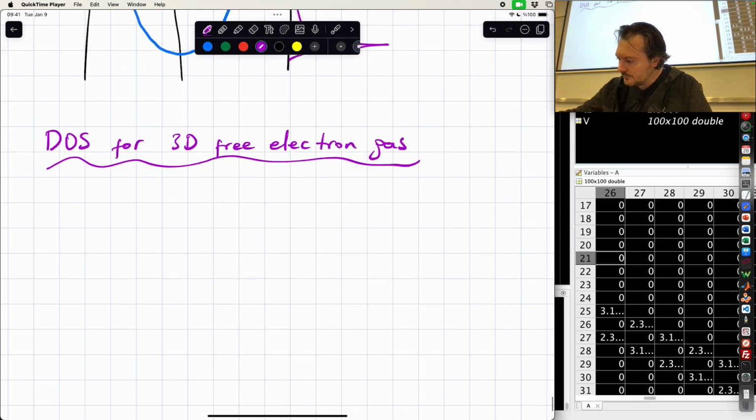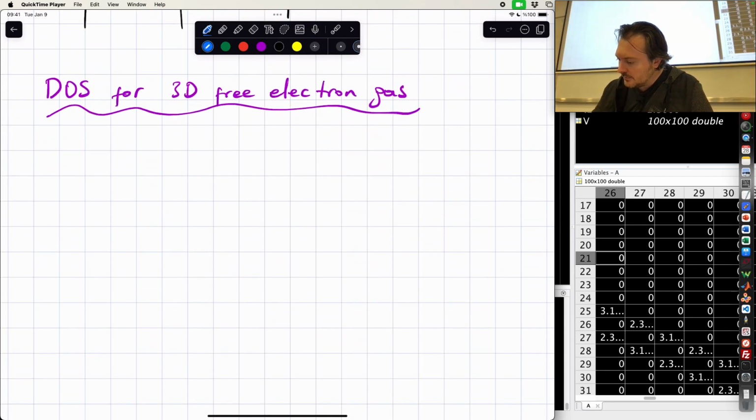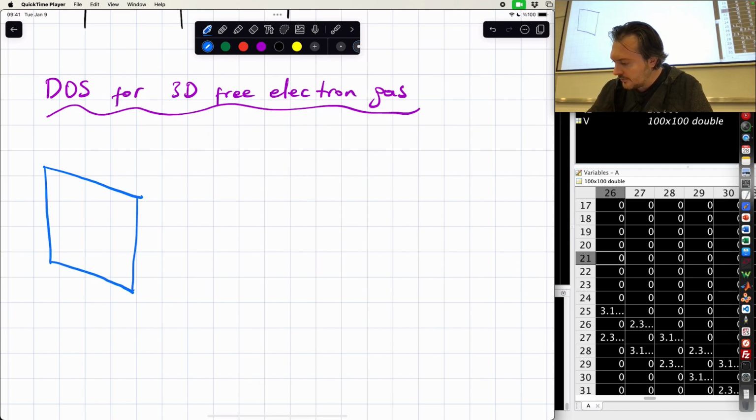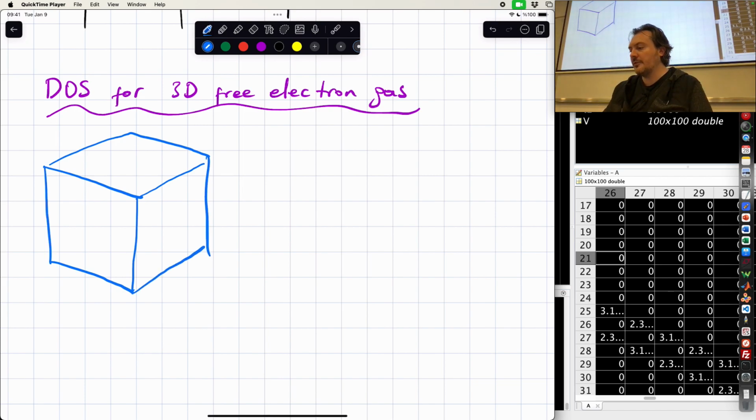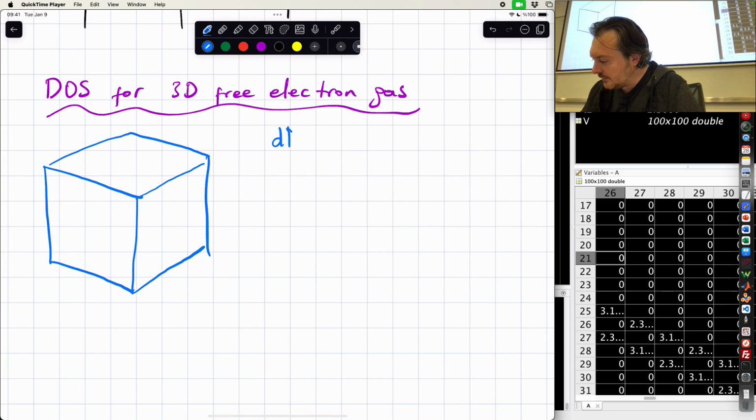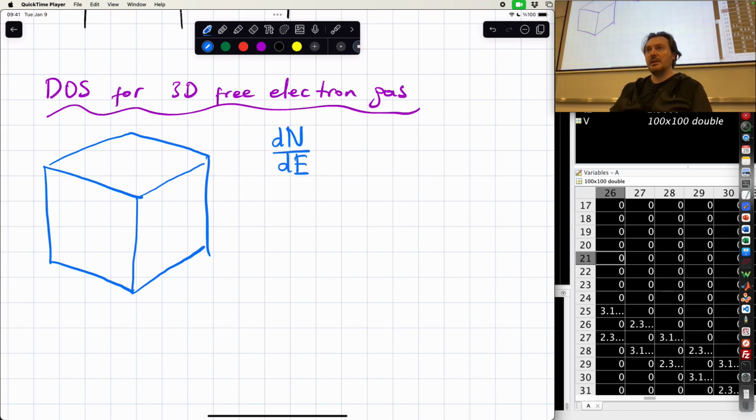Let me show you. When you have a 3D free electron gas, let's define density of states mathematically. It's number of states per unit energy. Okay, how many states you have per unit energy.